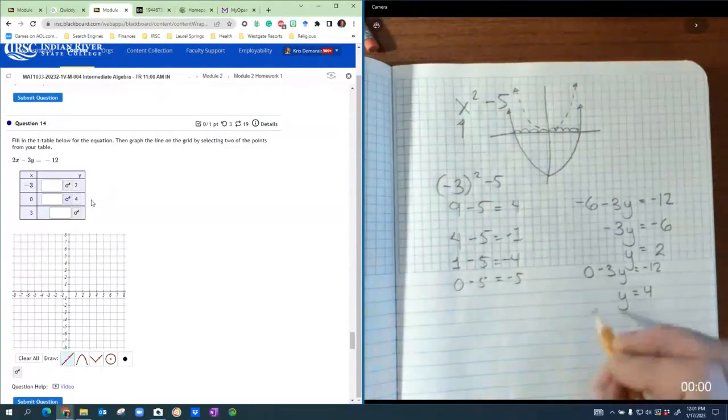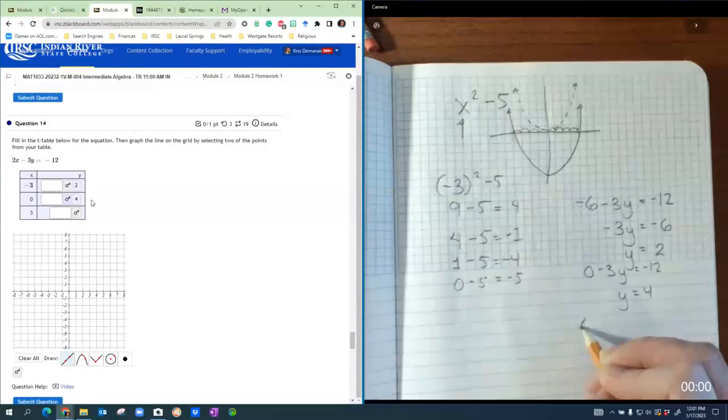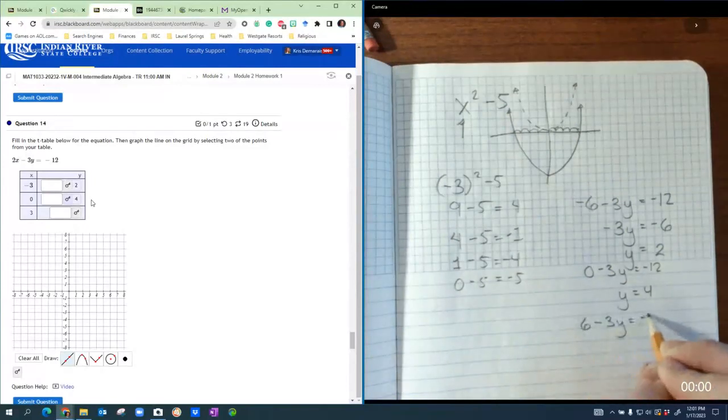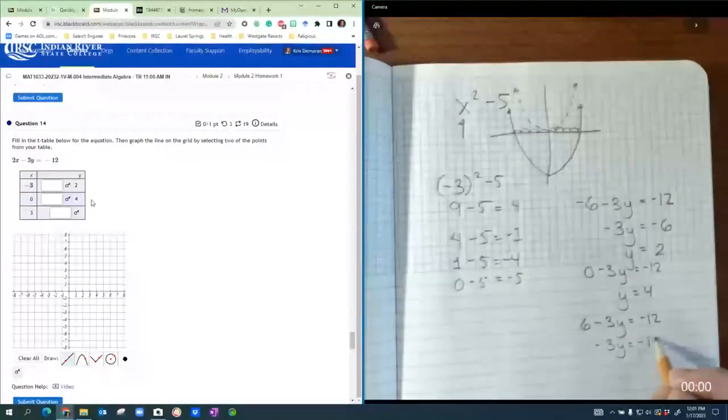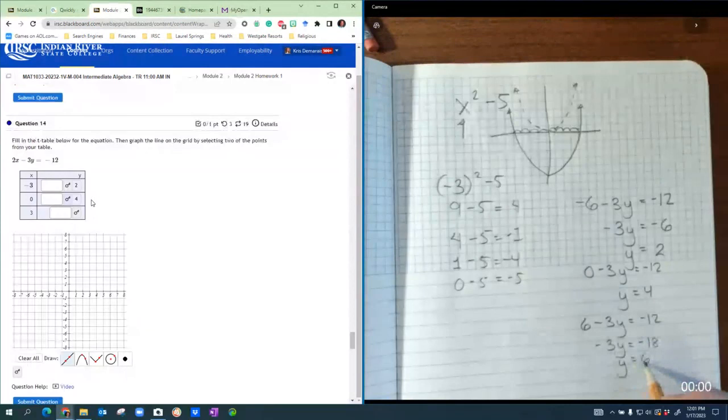And then 3 times 2, excuse me, is positive 6. Negative 3y equals negative 12. And this time I would subtract 6 from both sides and get negative 18. And then divide both sides by negative 3. And we get 6. All right, so we have that right there.